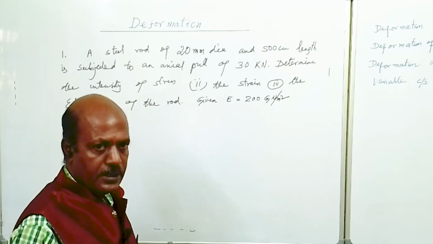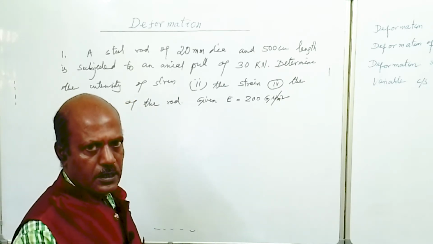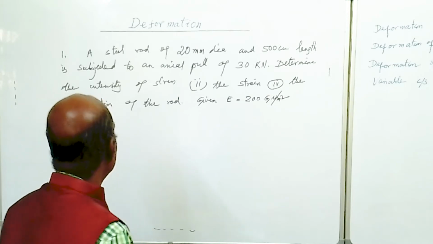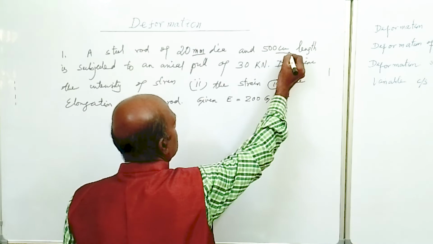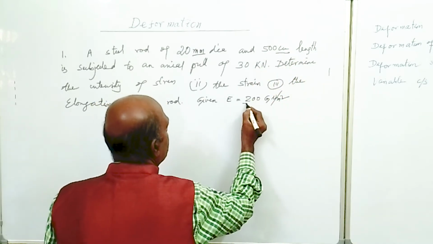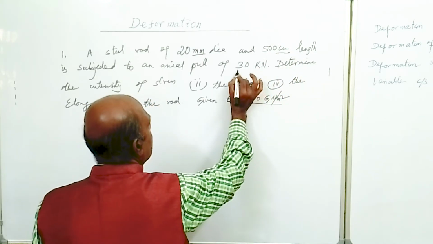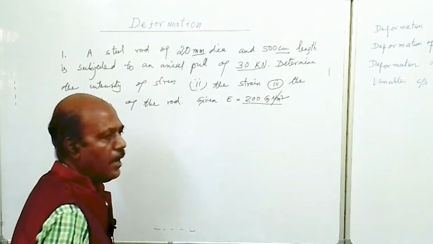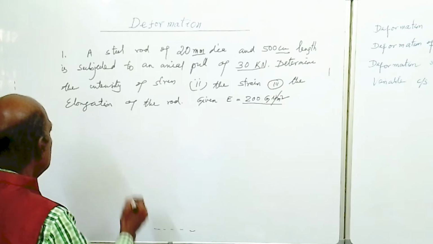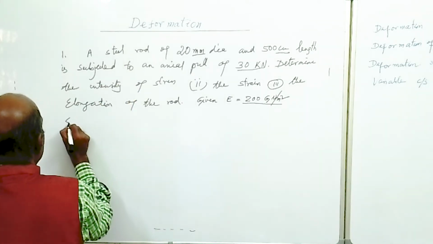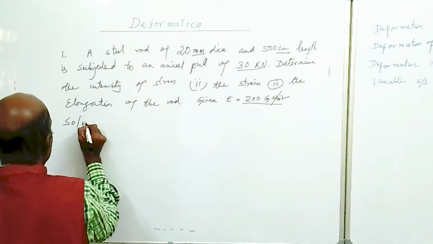So the problem is very simple, but you have to concentrate on the units. The diameter is given in millimeter, length is given in centimeter, the P value is given in kilonewton, and the E value is given in giganewton. So let us solve the problem.